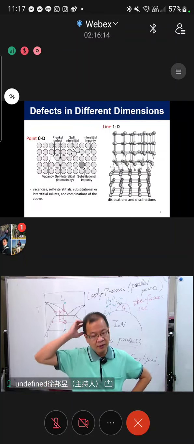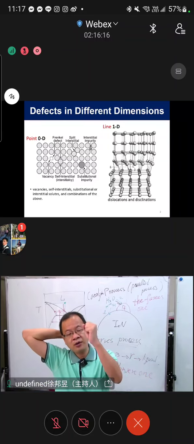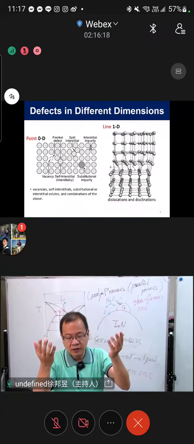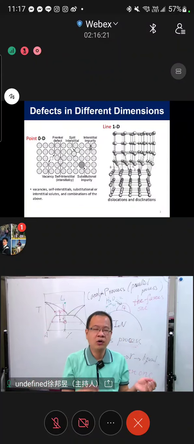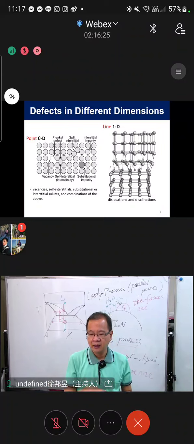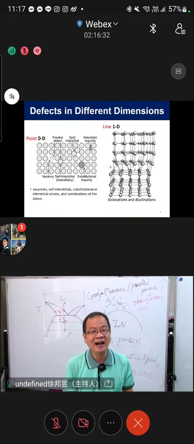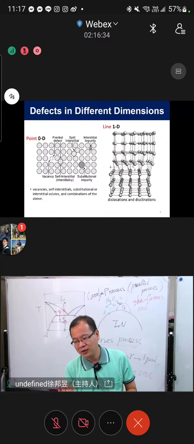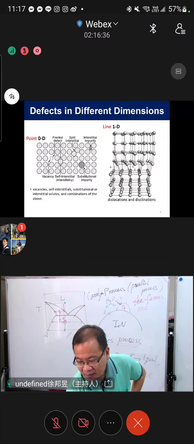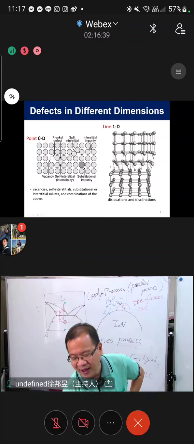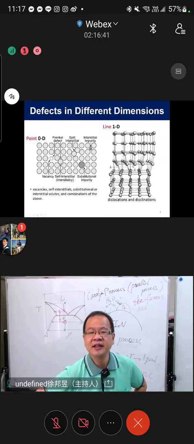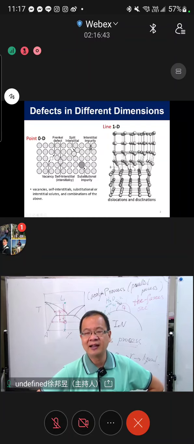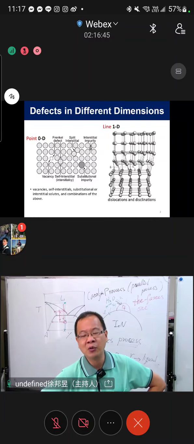And typically we think about the zero dimension defect. That's the point, right? So either you miss an atom or you have an extra atom, and we call that a zero dimension defect. This picture defines the vacancy as a zero dimension missing atom site. And look at the interstitial: you see an extra atom squeezed into a site that was originally not allowed for it.